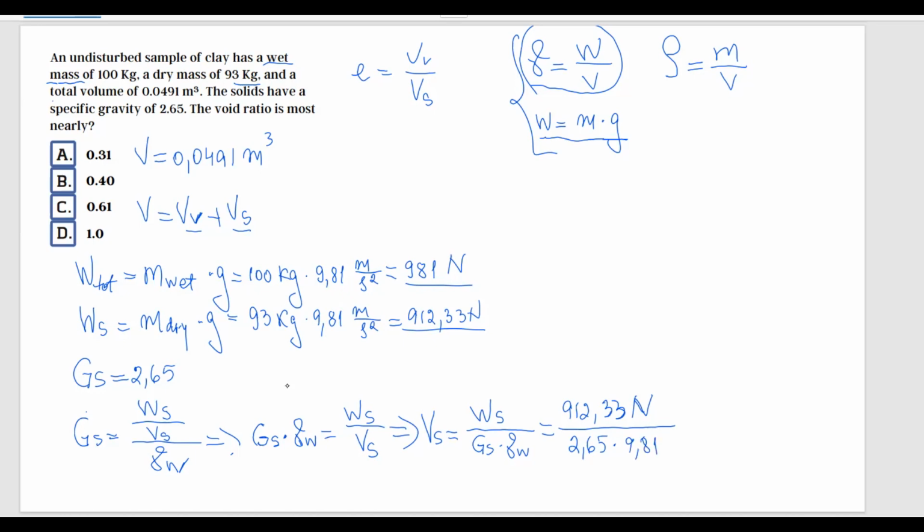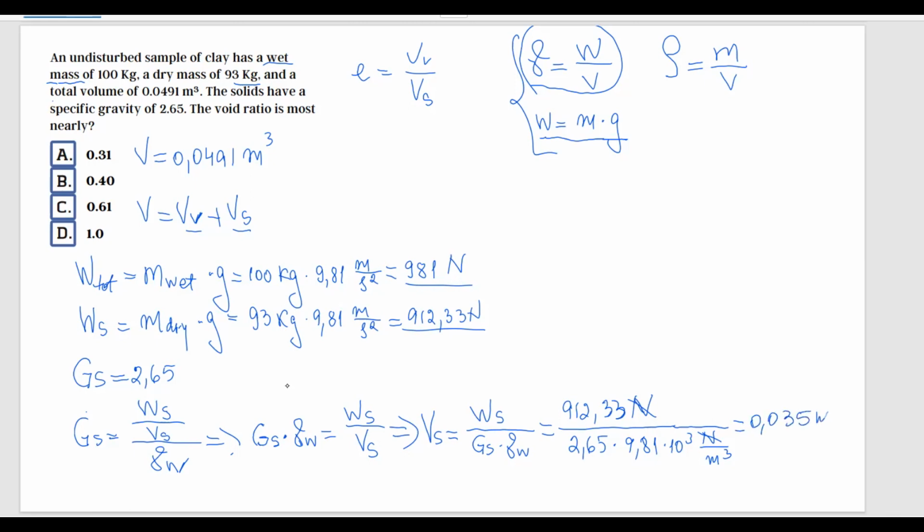But here we have newtons, so I'm going to multiply it by 10 to the power 3 in order to transform it into newtons over meters cubed. Did you follow what I did here? We have 9.81 kilonewtons, and in order to transform it into newtons, I just multiplied by 10 to the power 3. So now newtons with newtons go away.